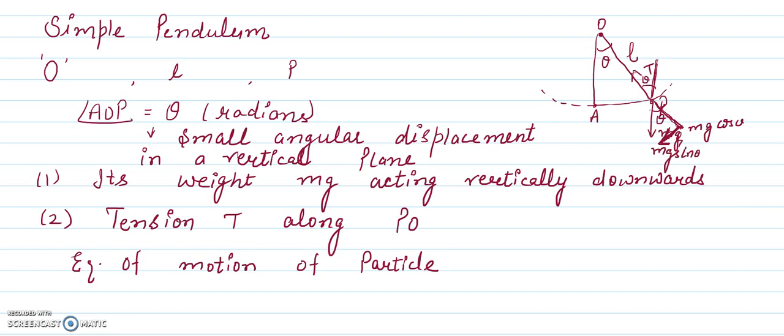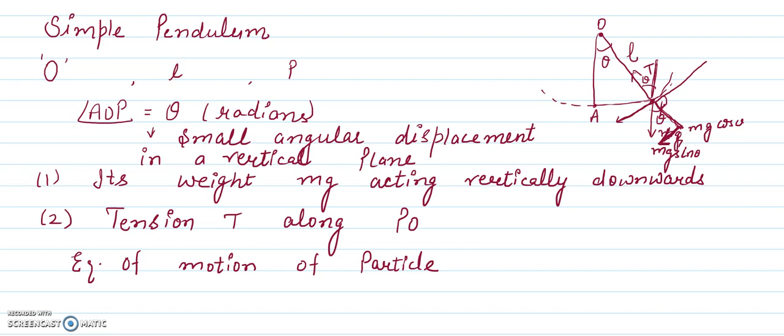So we break the weight mg in two components, or we can draw a tangent to the vertical circle at P, and one component we break in this direction and another component in this direction.